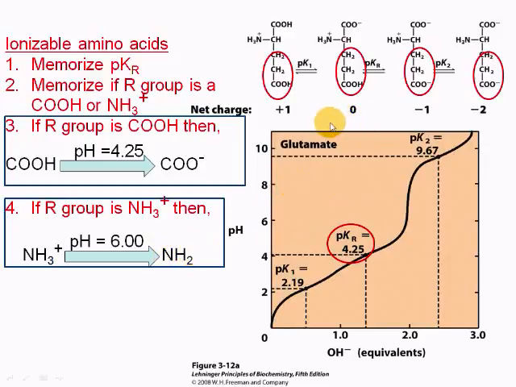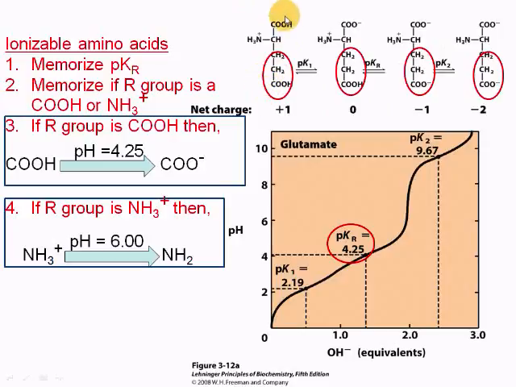So let's look at glutamate. We would expect that below a pH of 4.25, the R group will have its proton. Anything above a pH of 4.25, you will have lost that proton. And we're just looking at the R group.